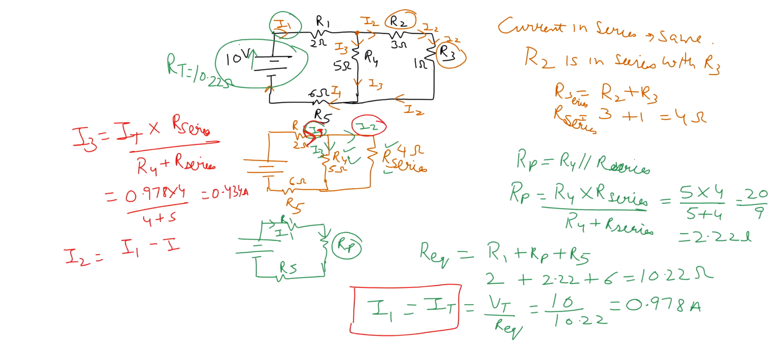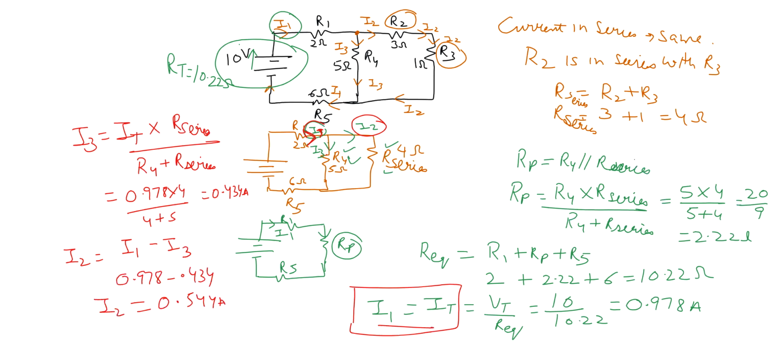So I total or I1 is 0.978 minus 0.434. Just do the math here. That gives me 0.544 ampere. That is the I2 current.